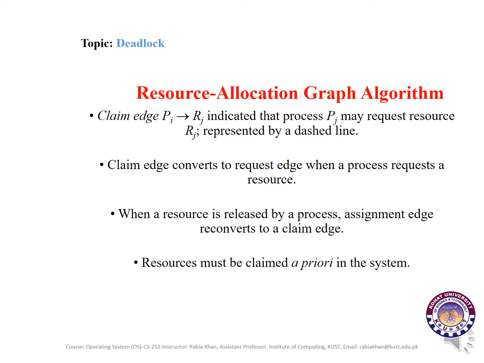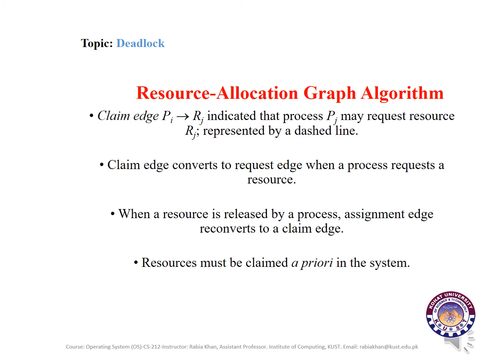When the claim is being requested by the process, the claim edge is converted to a request edge. And when the request has been granted, the request edge will then be converted to an assignment edge.